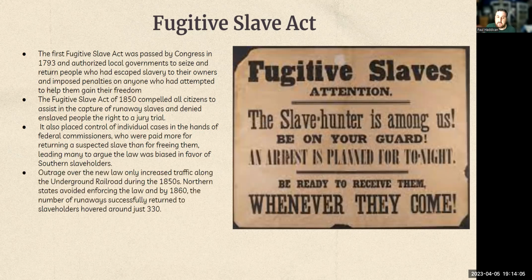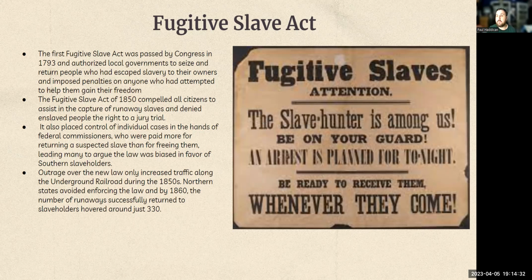And this second Fugitive Slave Act is just going to create more outrage from the North, primarily, and will just increase the number of people helping and freeing slaves via the Underground Railroad during the 1850s. Northern states will also avoid enforcing the law, and by 1860, the number of runaways successfully returned to slaveholders hovered around just 330.